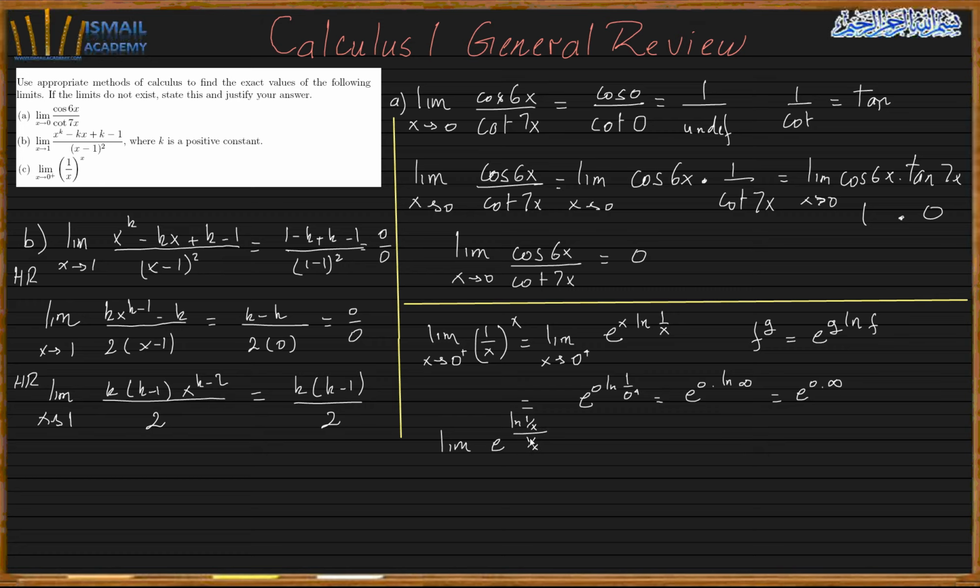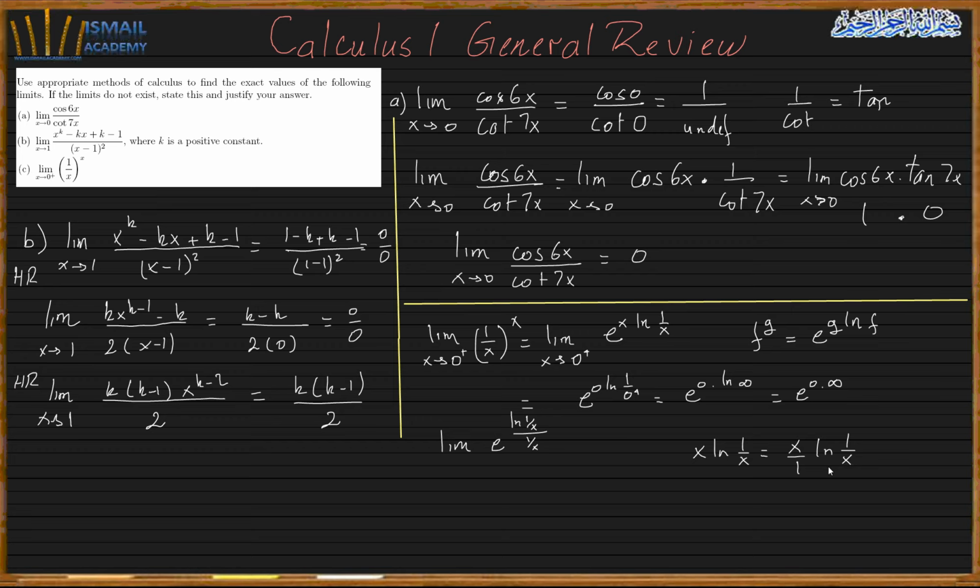And keep in mind here we didn't do anything, because look, if I have a over a fraction b over c, it's like you flip it, so it's the same thing as a times c over b. It's exactly what we did. Let me show you the idea here. We have x ln of 1 over x, which is the same thing as x over 1 times ln of 1 over x.